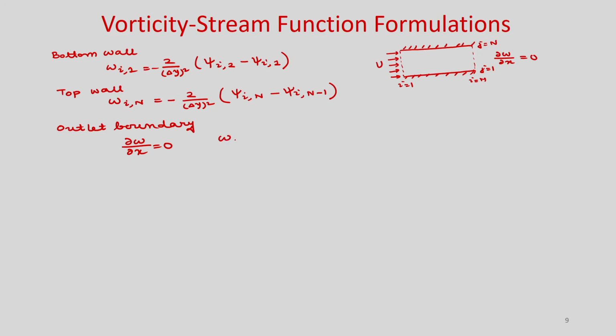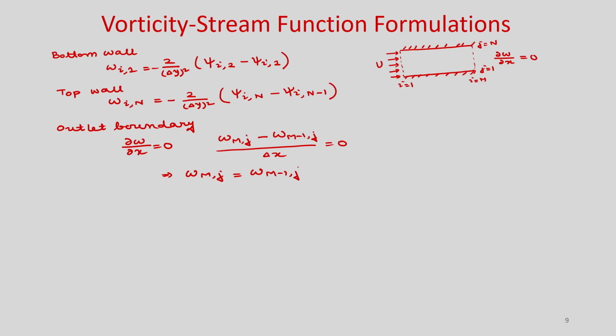So, it will be omega m j minus omega m minus 1 j divided by delta x will be 0. So, that means omega m j will be just omega m minus 1 j.